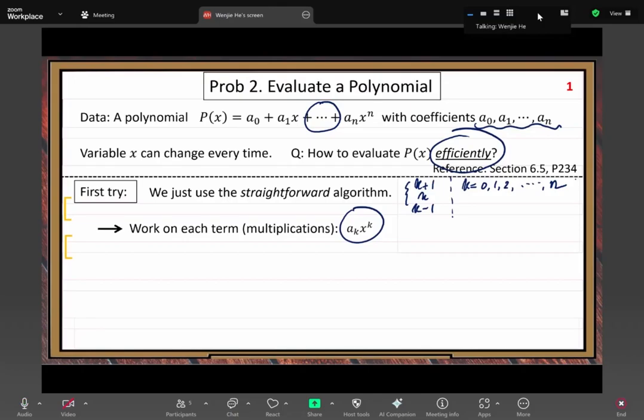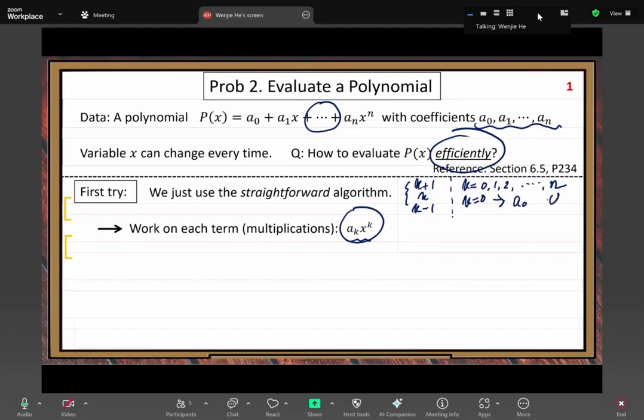When K equals 0, this term becomes A0. How many multiplications do we need to find its value? A0 is given, so 0 multiplications.